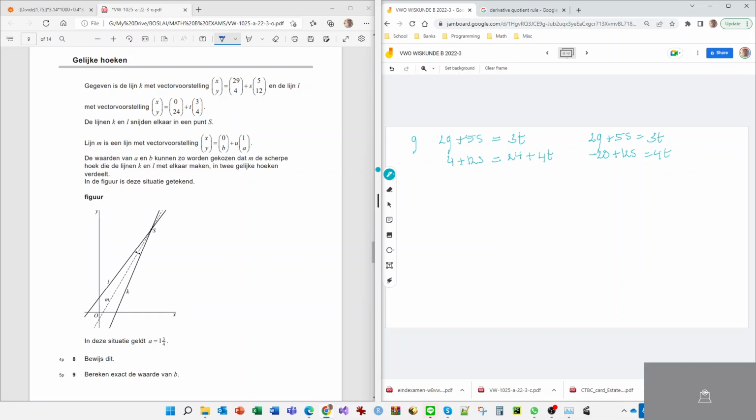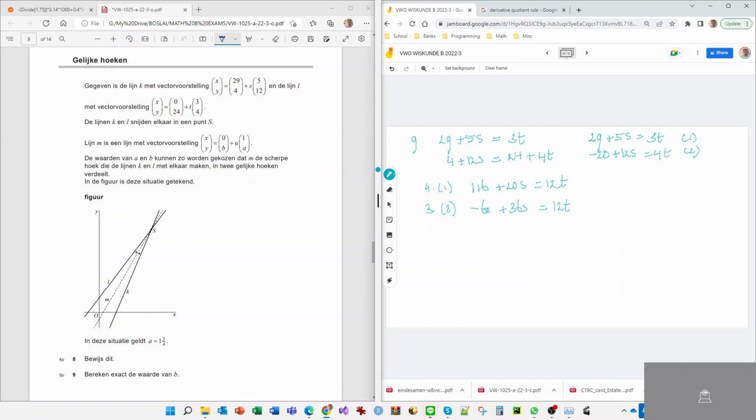Multiply the first by 4, then I get 4 times 29, so 116 plus 20s is 12t, and minus, so 3 times 20, minus 60 plus 36s is 12t.